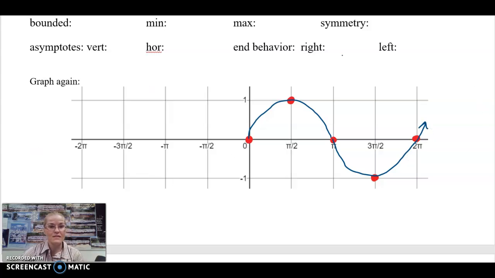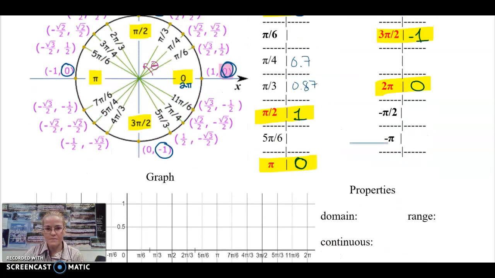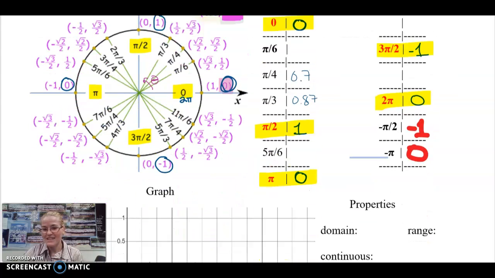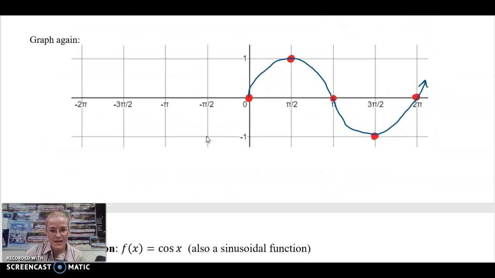And then likewise, if you were to work backwards, what's sine of -pi over 2? Well, sine of -pi over 2 is the same thing as sine of 3 pi over 2. So it's going to be -1. Wow, okay, we're just going to go with it. Sine of -pi is 0, right? And so -1, and then 0, and then +1, and then 0.